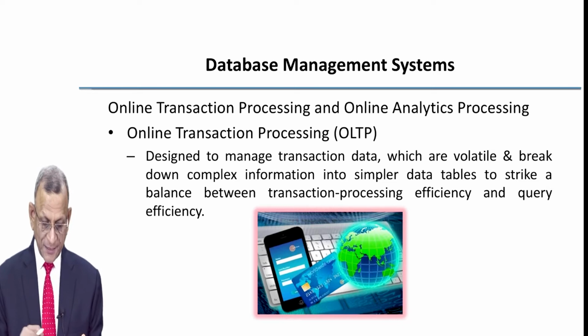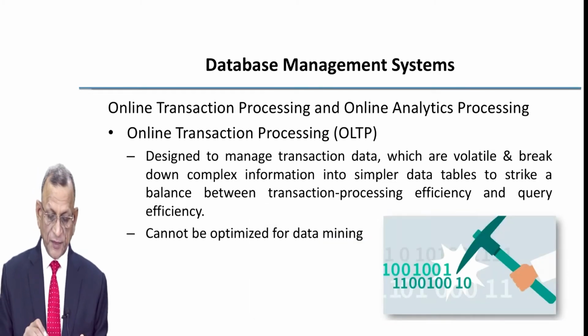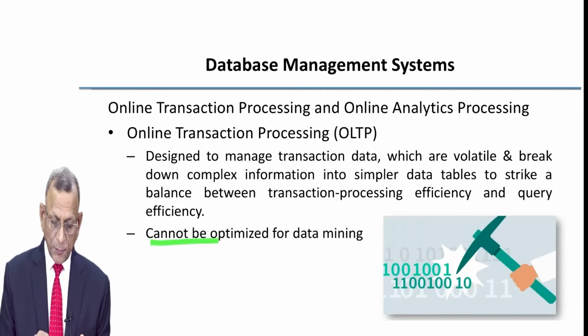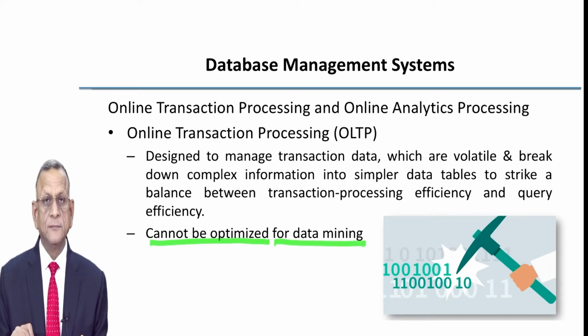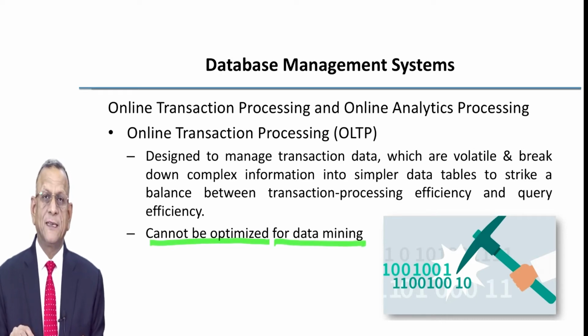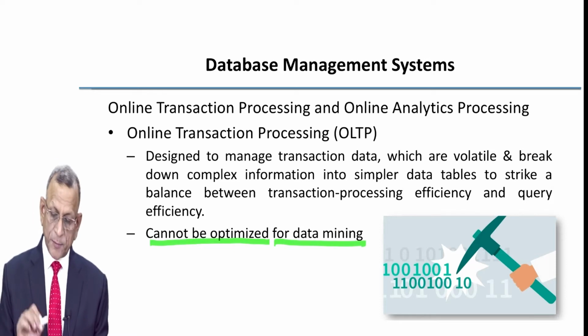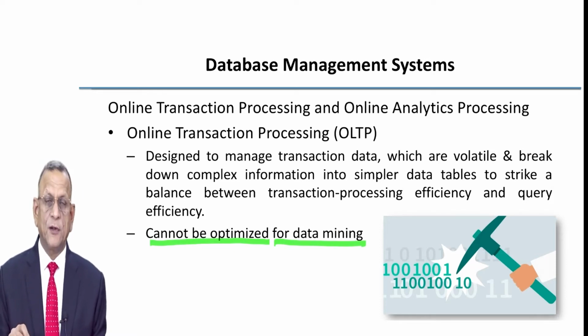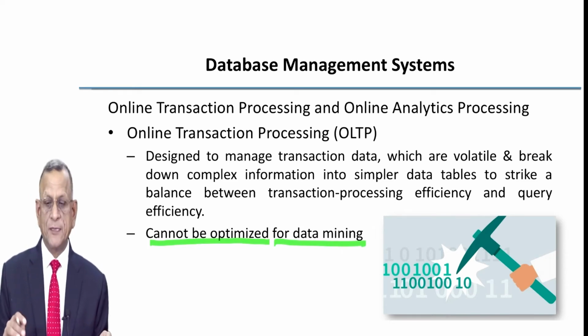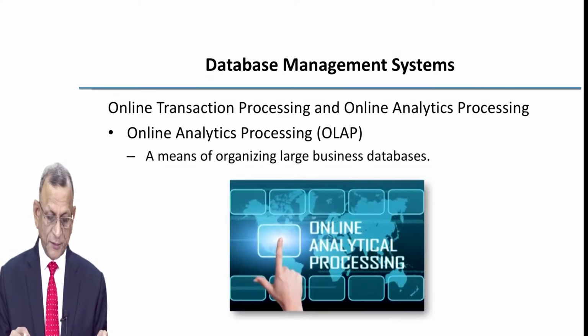This is something known as OLTP. It cannot be optimized for data mining. What is data mining? It is finding the data which you want to have. If it cannot be optimized, then obviously the purpose will get defeated. It has to be optimized for the purpose of online transaction processing.